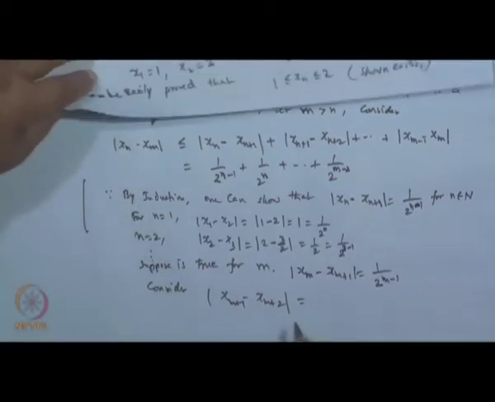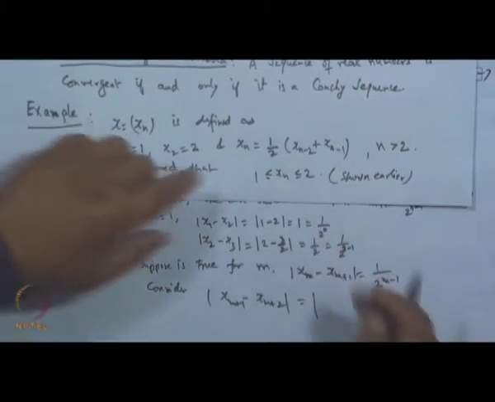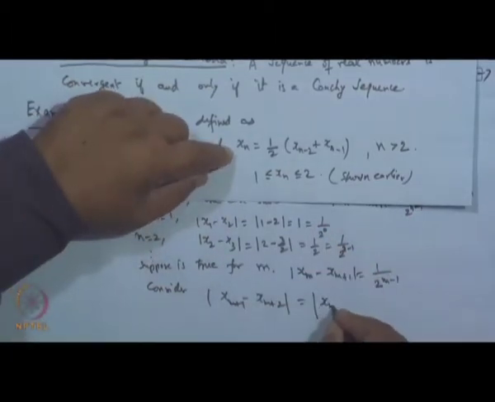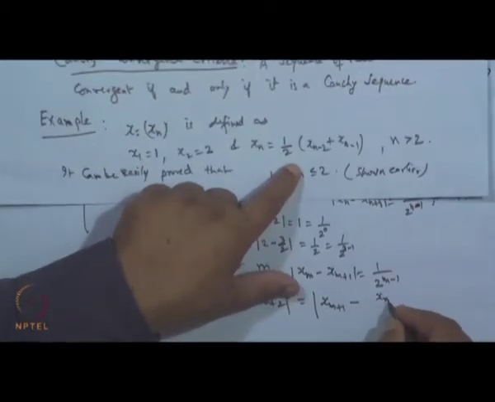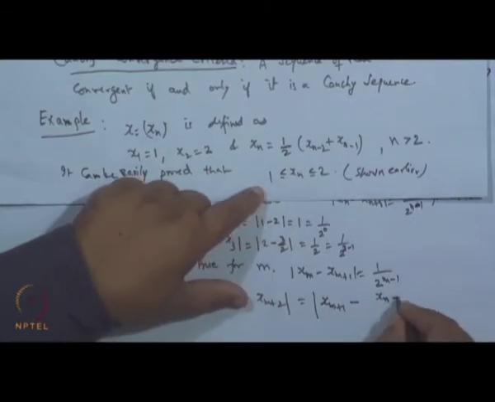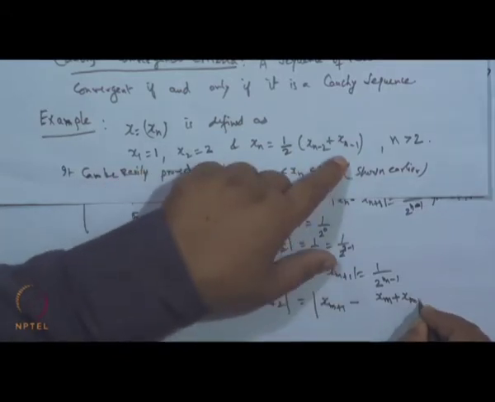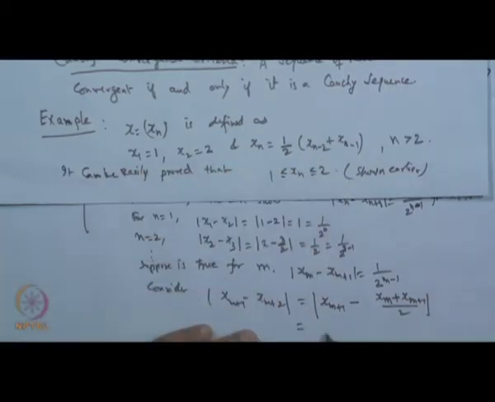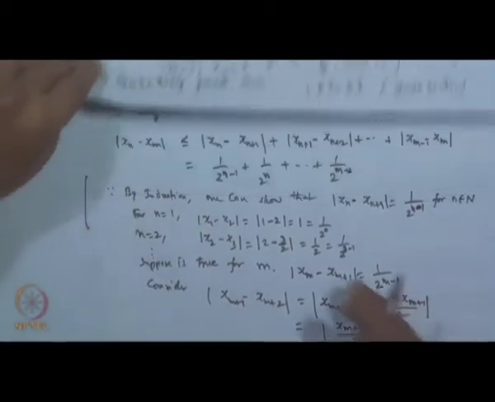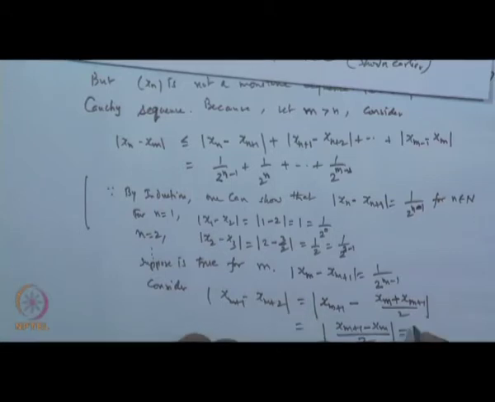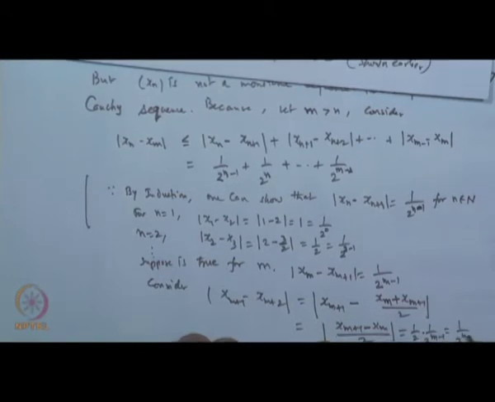Now, x n plus 2 is the average of x n and x n plus 1, so x n plus 1 minus x n plus 2 is nothing but equal to x n plus 1 minus x n by 2, and that will be equal to, according to this, half of 1 over 2 to the power n minus 1, that is 1 over 2 to the power n.